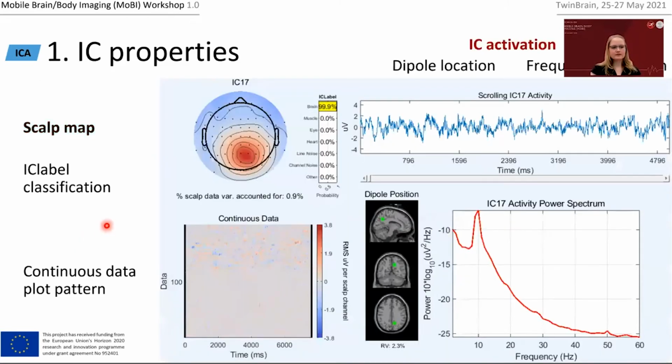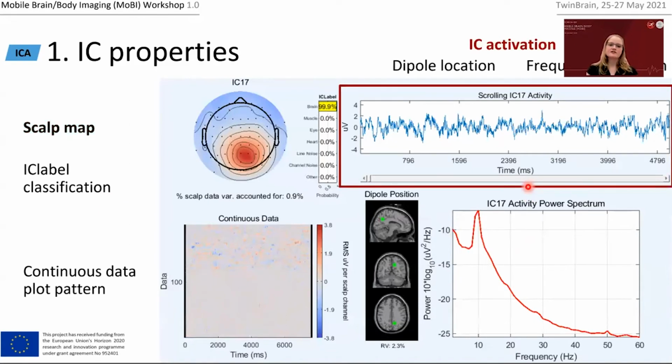And so this is the scalp map, going further to the ICA activation. We have a scrolling part of this figure that we get if we put in this view prop function, and you can scroll through that, not on the slides, but usually you can.